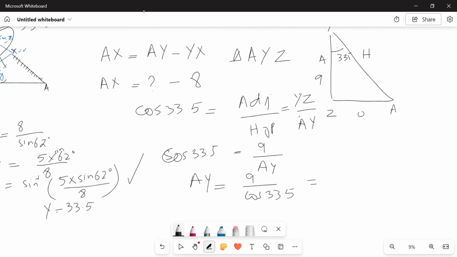Yes, it is 10.79. Miss, when we take the other side, will we do cos inverse? No, we will not take cos inverse because we are finding a side now. The angle we already know.